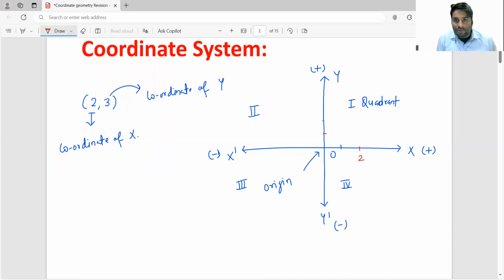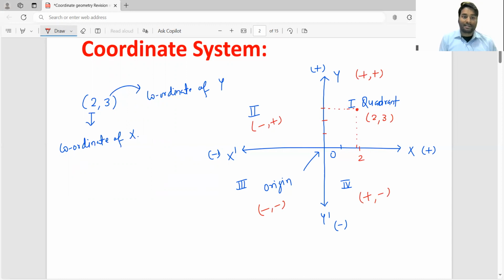So 1, 2, 3, right? So this point will be 2 comma 3. What we observe here is that in the first quadrant both x and y coordinates will be positive, while in the second quadrant x will be negative and y positive. In the third quadrant both will be negative, and in the fourth quadrant x positive and y negative, right?